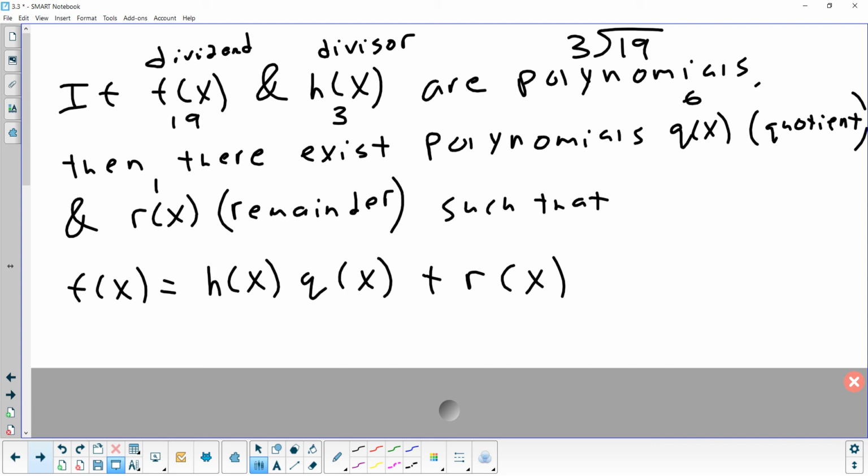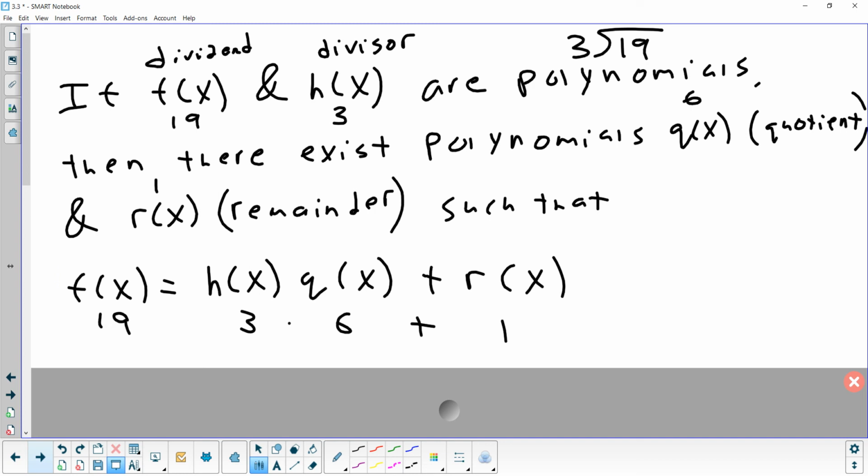And let's check it with these numbers that I just made up. So my divisor was 3. My quotient came out to 6. My remainder came out to 1. And my dividend was 19.